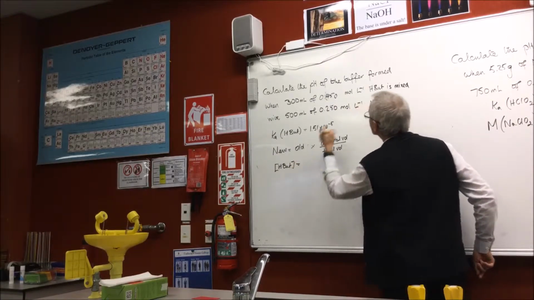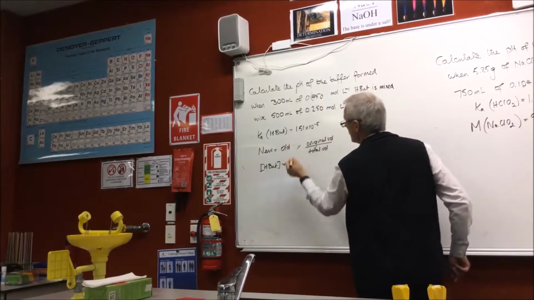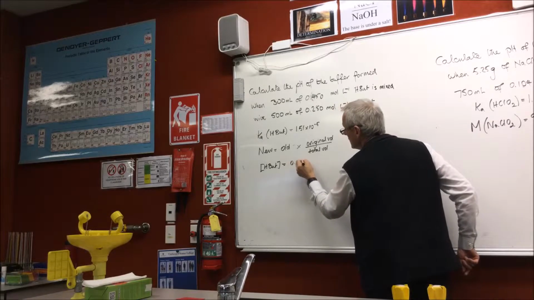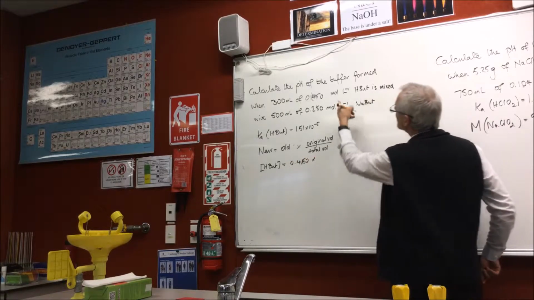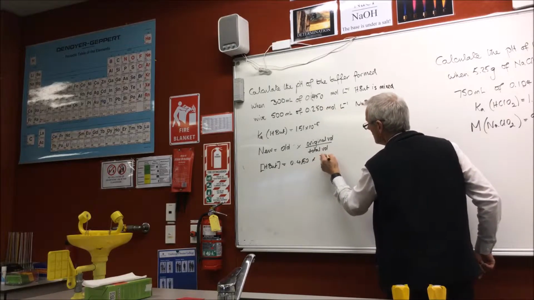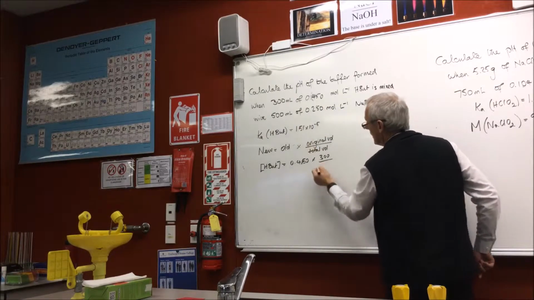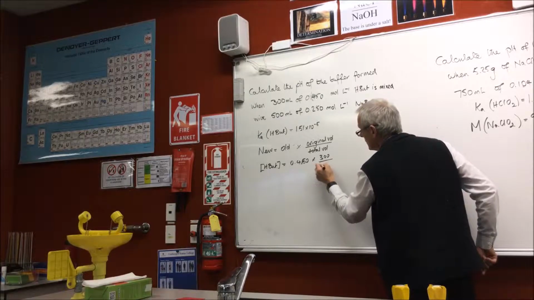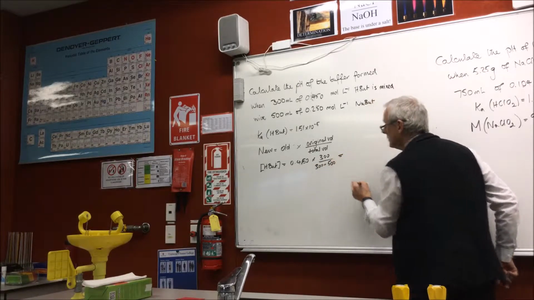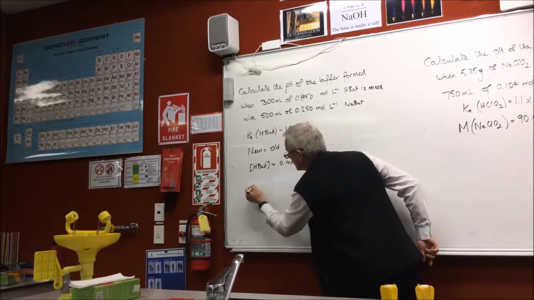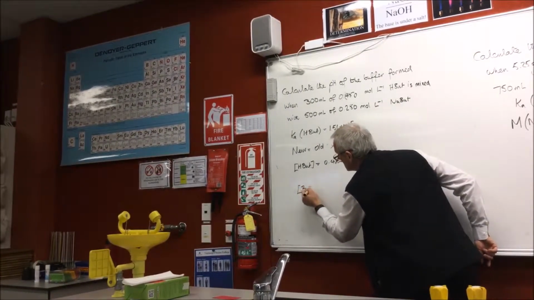That's equal to the old concentration of HBUT, which is 0.45 moles per litre, times the original volume, which is 300, divided by 800. I'll put it all in full so you know where the numbers come from. If somebody can calculate that, I'll go on to the next one, which is BUT minus.